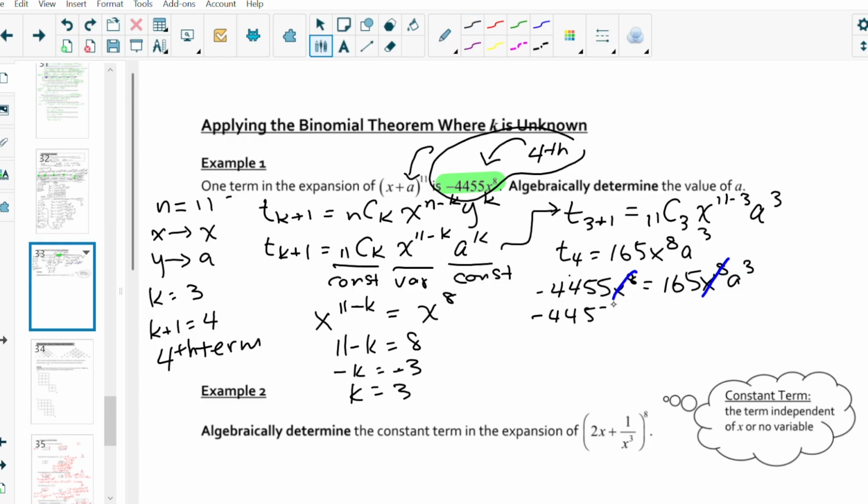I have negative 4,455 equals 165 a to the 3rd. Divide both sides by 165. I get negative 27 equals a to the 3rd. Take the cube root of both sides. I have negative 3 equals a. That's my a value.